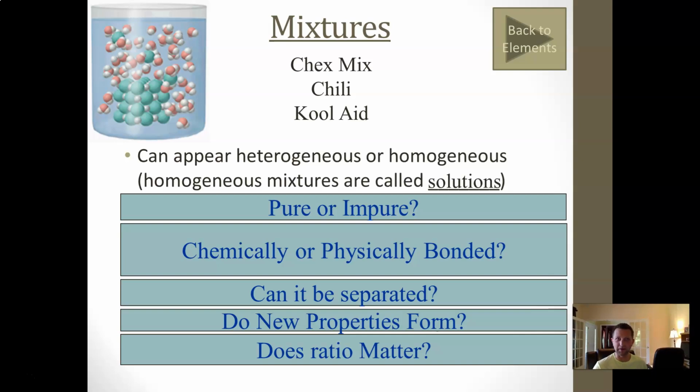It looks the same throughout. The sugar is evenly dispersed throughout. So solutions are homogeneous, okay? So elements are homogeneous, compounds are homogeneous. Mixtures can be heterogeneous or homogeneous depending on the type, okay? So that's something to keep in mind when we're looking at these.